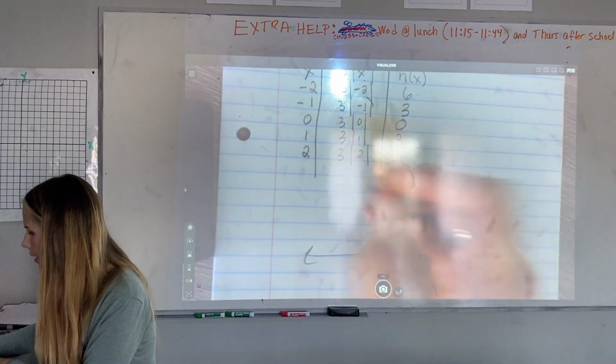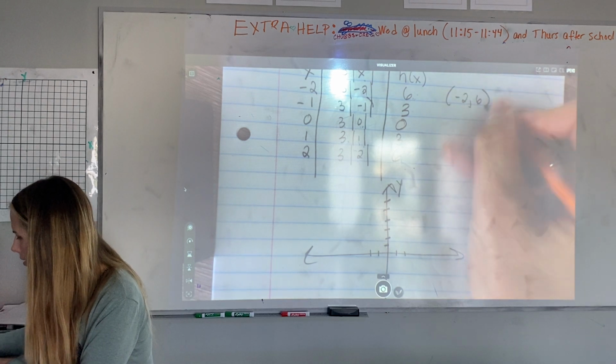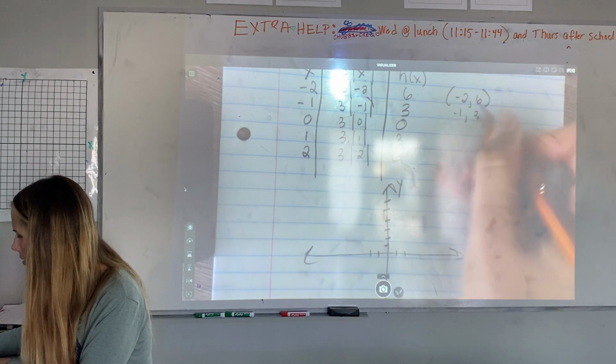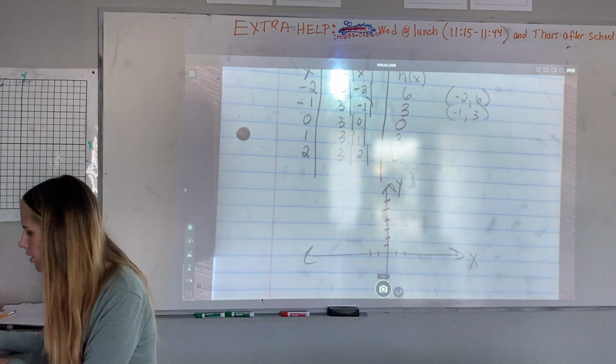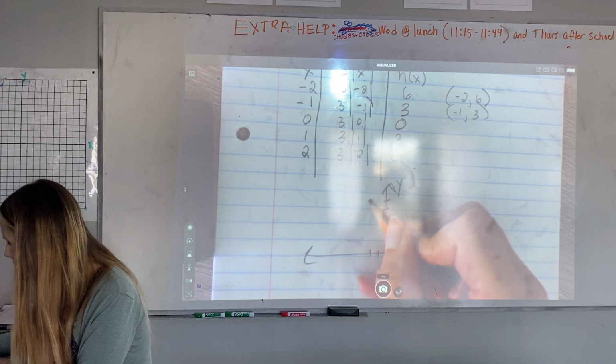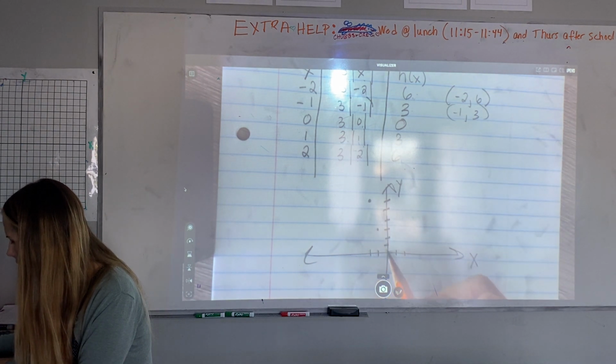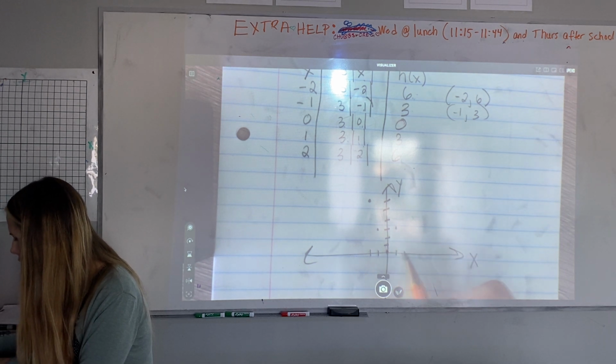So my first pair is -2, 6. You can write them all out and then graph them, or you can just pull them from the table. So we have -2, 6, -1, 3, 0, 0, 1, 3, 2, 6.